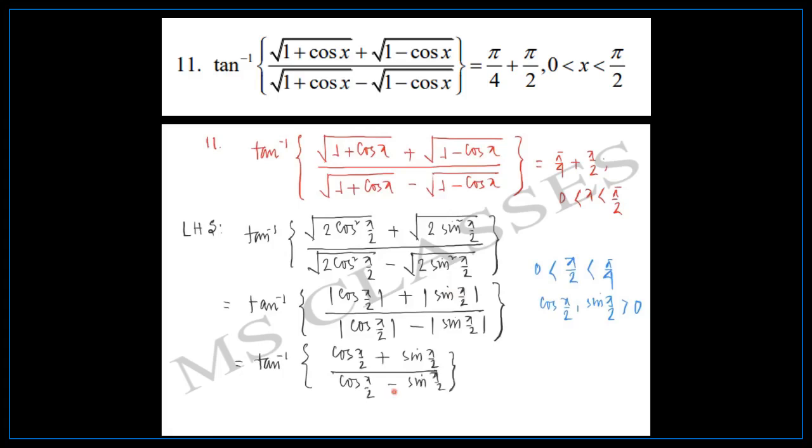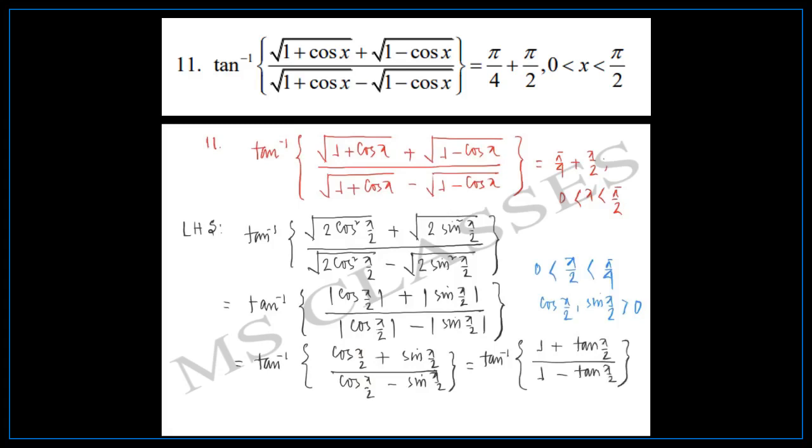Now in the interval where x by 2 is lying, cos x by 2 will never be equal to 0. So you can divide the numerator and denominator by cos x by 2. So what we get here? Tan inverse of 1 plus tan x by 2 divided by 1 minus tan x by 2.